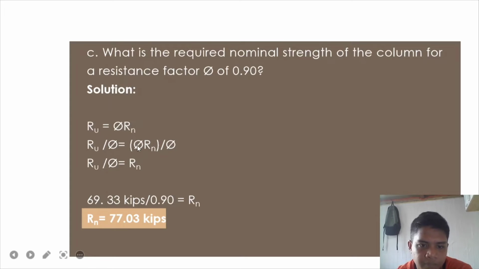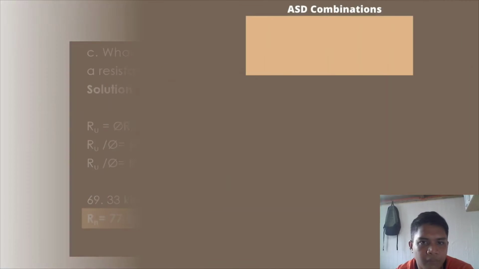Cancel this. So nominal strength equals required strength over resistance factor. Then I substitute the required strength from letter A. Divide: Ru over resistance factor, and my nominal strength is 77.03 kips. That is my answer in C.